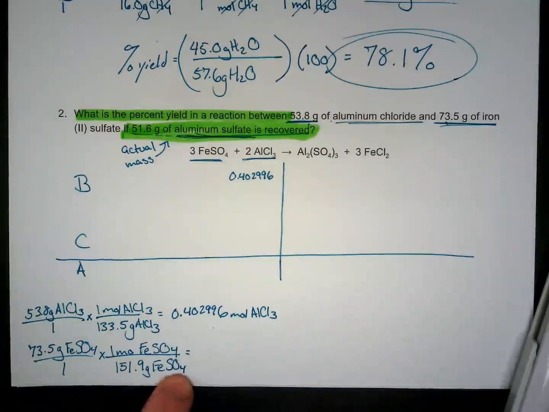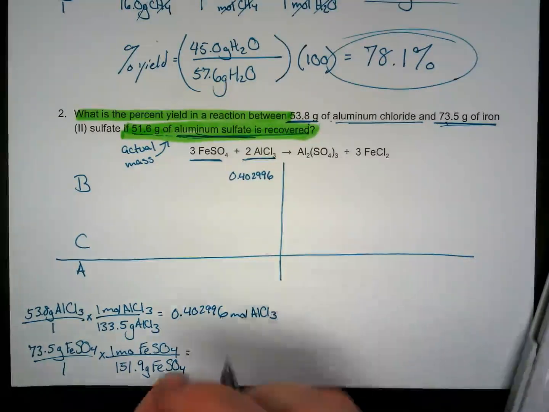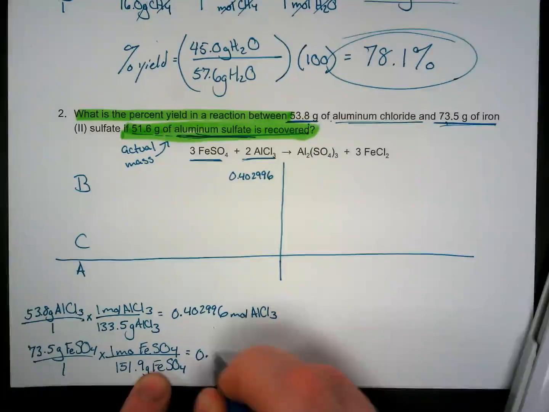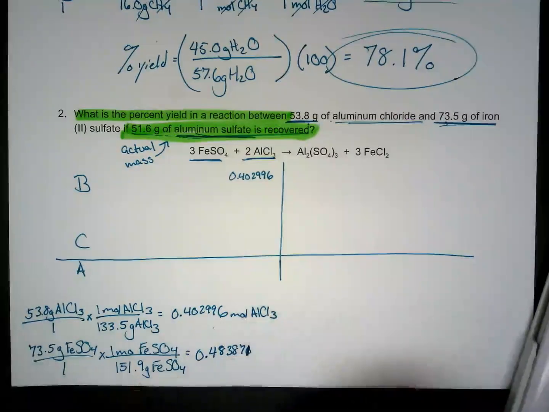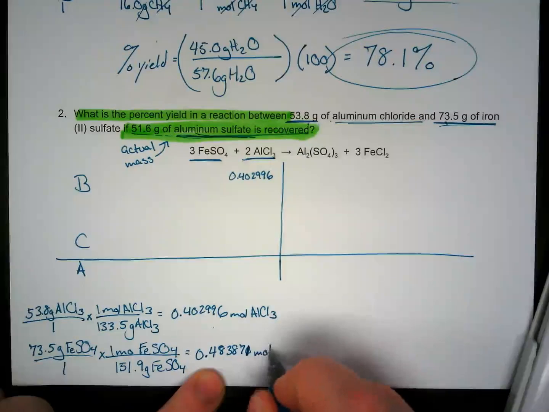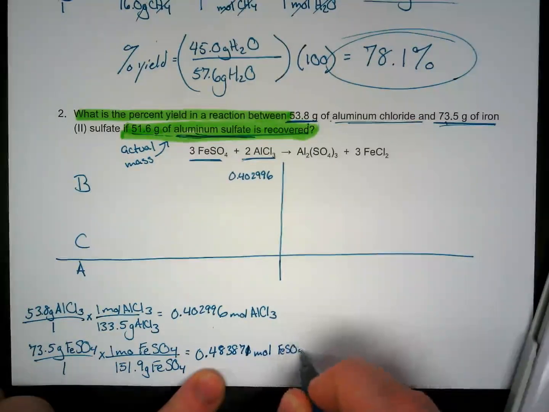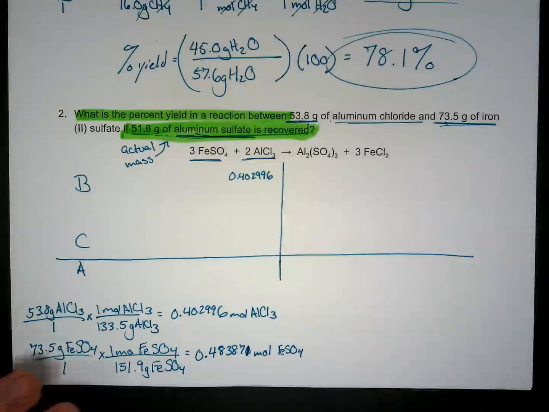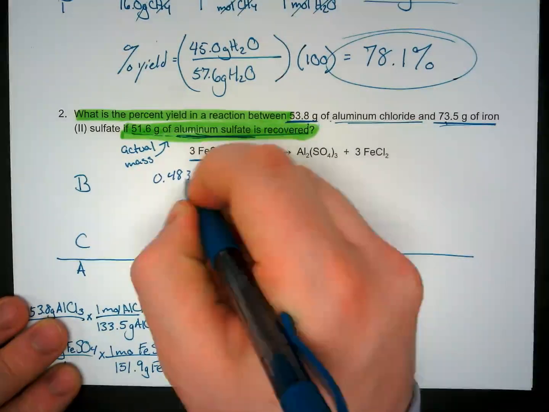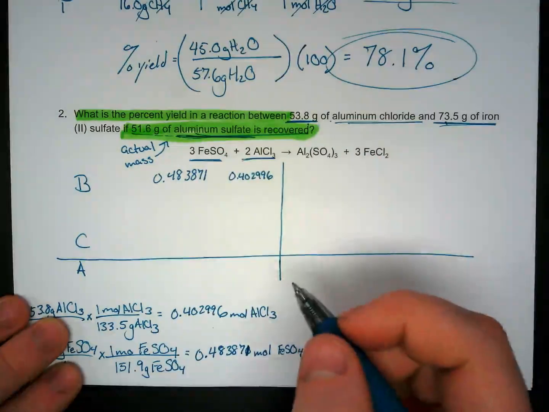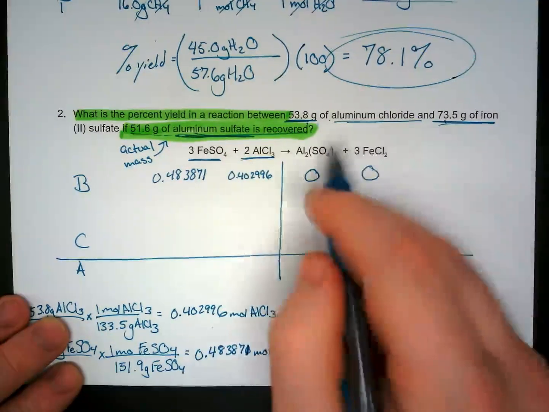Once I put that together, 73.5 divided by 151.9, I should have something like 0.483871. That's moles of FeSO4. Then I'm going to write this up here, so that's going to be 0.483871. And remember on the before line, this is 0, that's 0.